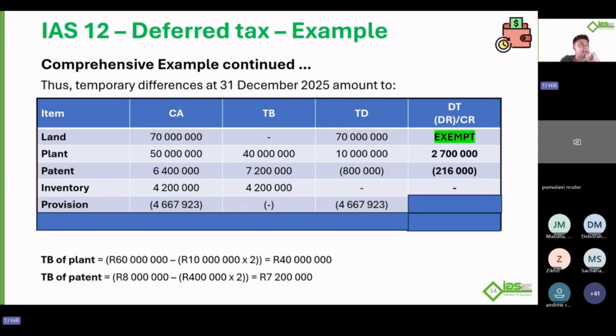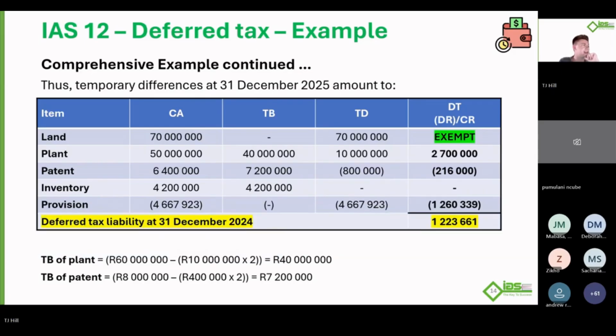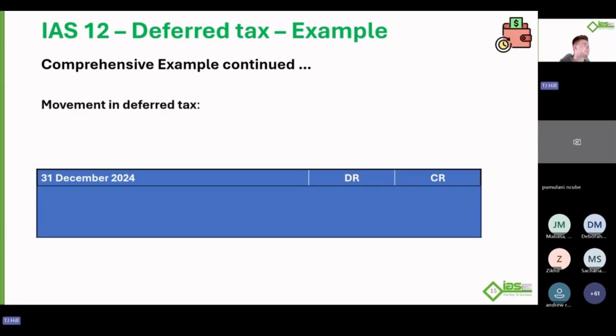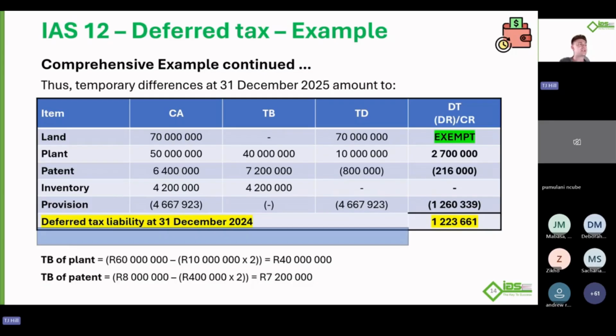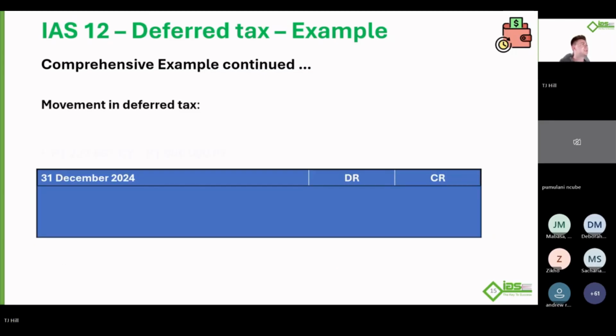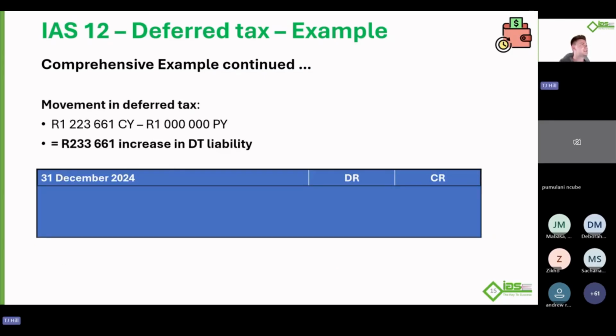So correct. Okay, gives me a deductible temporary difference times 27%. There we are. Okay, that gives me a DT liability at the date, there should be 2025. Okay. Movement they gave us prior year, that's my balance. Remember, this is a balance that you get here. Okay, movement gives me my balance.